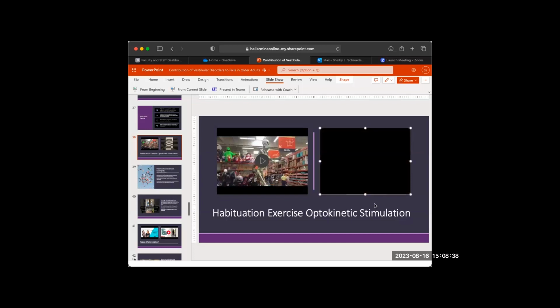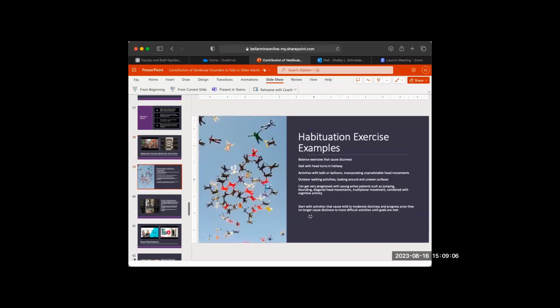And then this is another example of a provoking pattern. So this would be a home exercise program that we would give somebody.